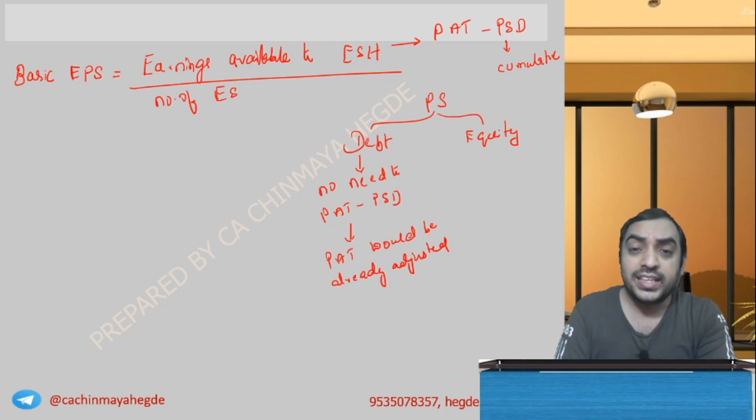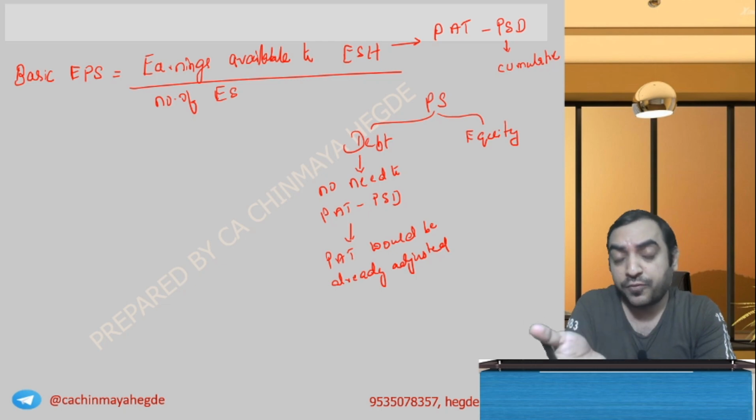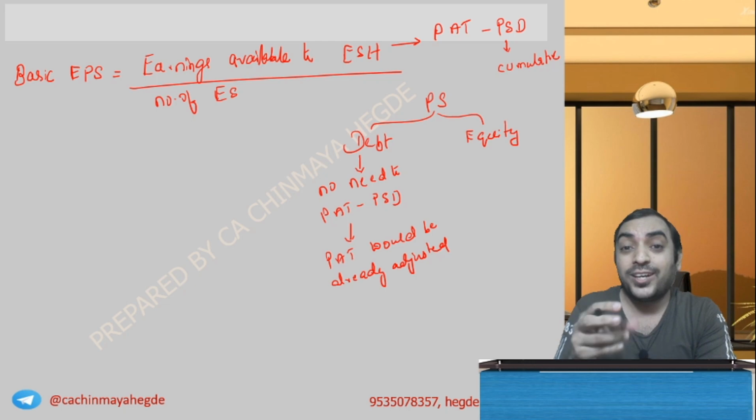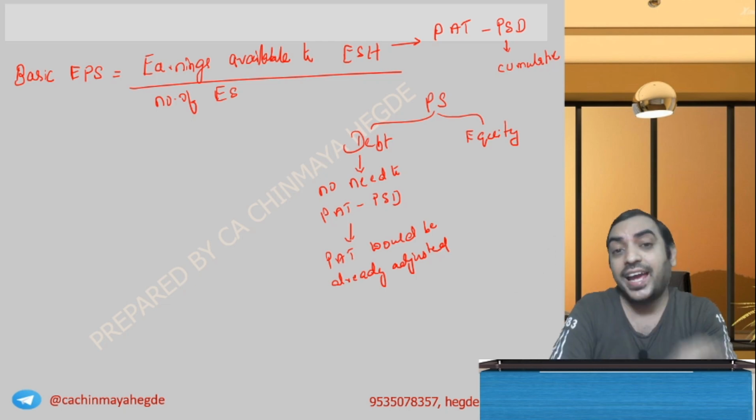Because when it is in the nature of debt, you would have followed the amortized cost method, where you would have calculated the opening balance, interest on that, the preferential dividend minus payment, closing balance. So the obligation of the entity towards preferential dividend is already considered as a debt element.